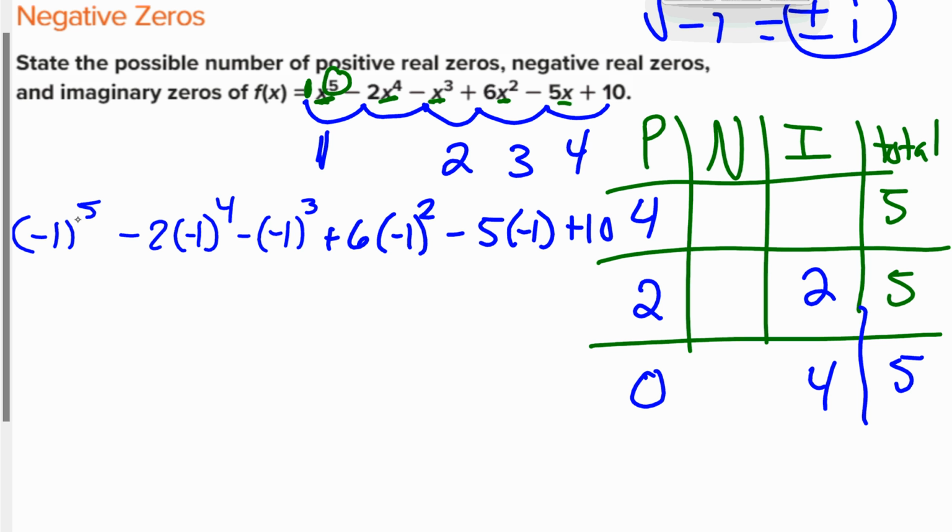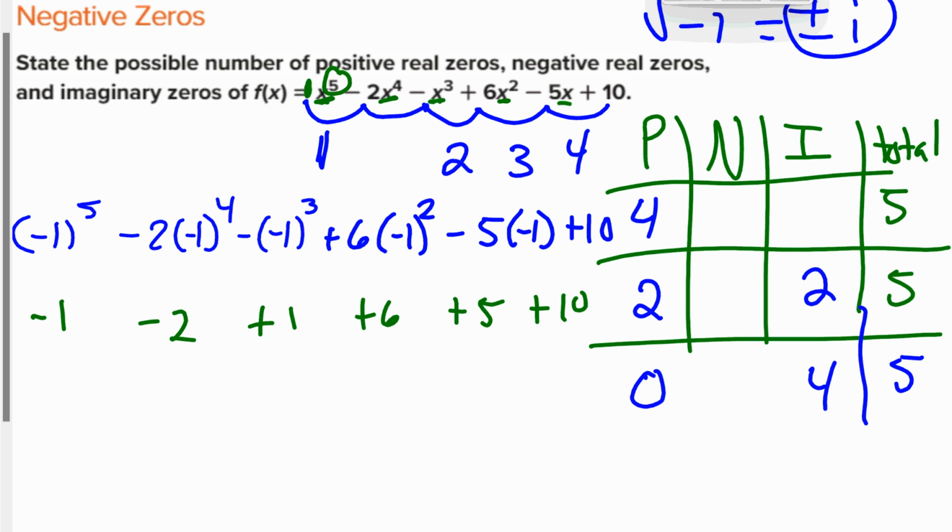So if I plug in -1 to the 5th, that's a -1. If I plug in -1 to the 4th, that's a +1, times a -2 is a -2. -1 cubed is a negative, times a negative is a +1. -1 squared is positive. Positive times positive is a +6. Negative times -5 is a +5, and then we have our constant, +10.